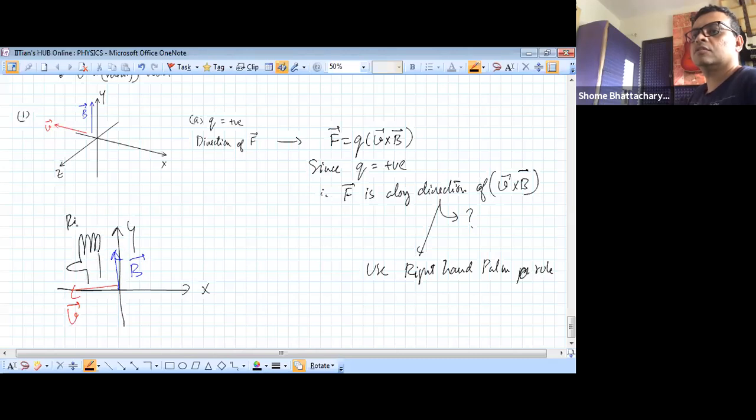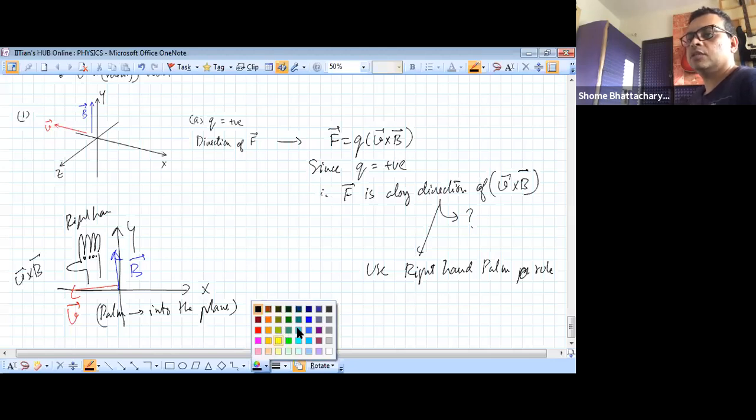Now this is your right hand. You'll see that you're looking into your knuckles, and your palm will be facing into the plane for V cross B. So what is the direction of V cross B? Into the plane. In this diagram, into the plane will be along the negative z axis.